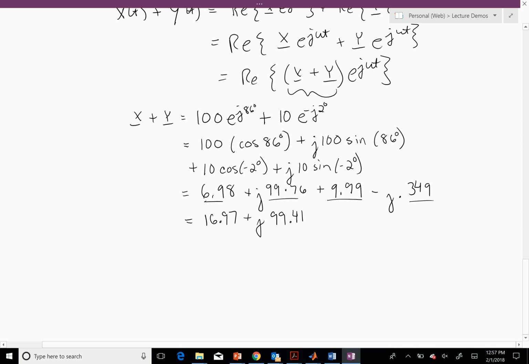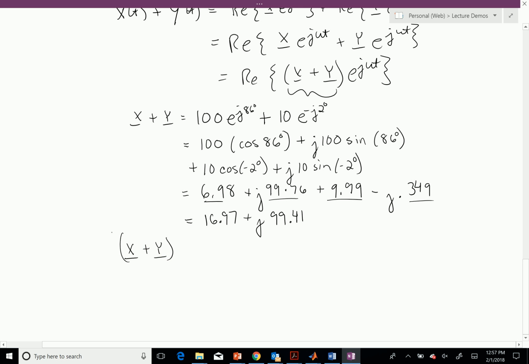Okay? Now, to get to my final answer, we need to get this into polar form to get an equivalent phasor. How do I do that? Well, first, what's the magnitude of x phasor plus y phasor?